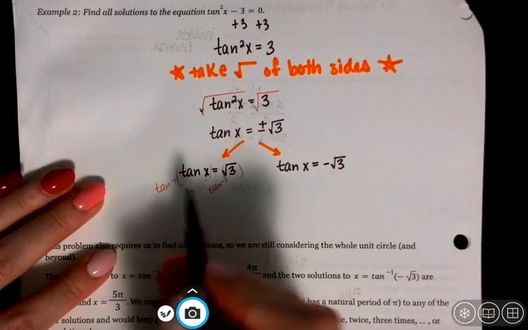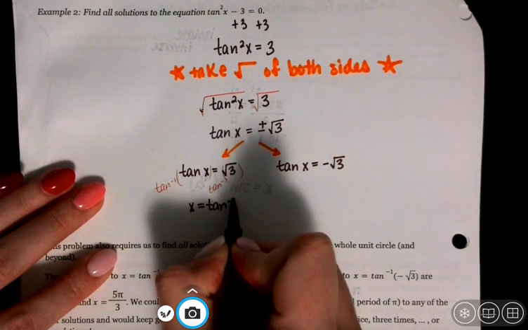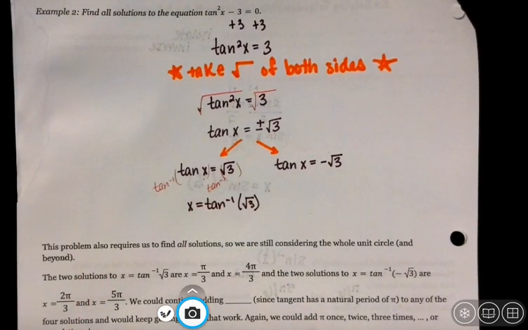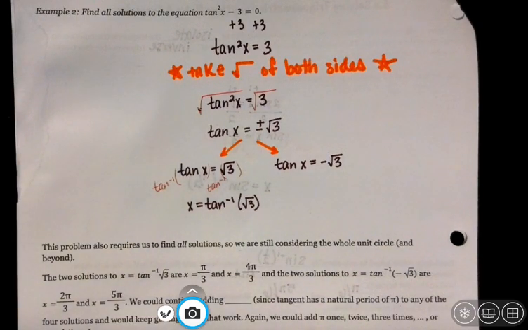Well, arctangent of tangent cancels out, so I have x equals arctangent of positive square root of 3. And I'm actually going to finish this one before going to the next one. So I want to know what angles on my unit circle have a tangent value of positive square root of 3.